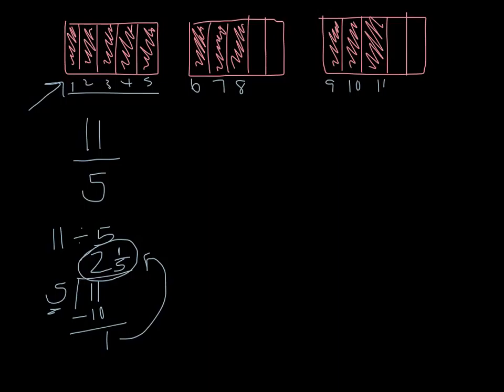Now, looking at my shading, I can see that these two objects both have pieces shaded, and I can move that shading around. So I could take this shaded area, get rid of it here, and move it over here.